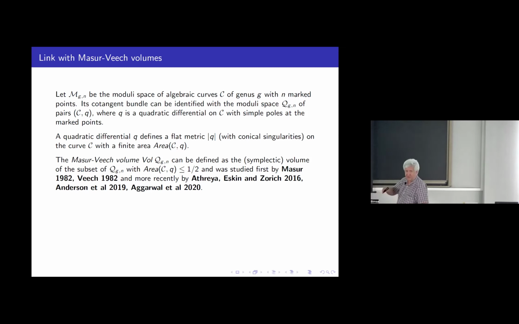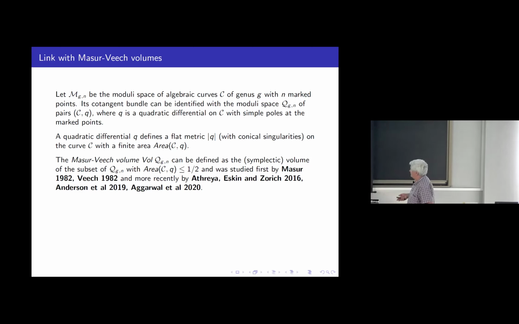And you do the following: you take the part of the cotangent bundle which is the subset where the area is less than 1/2. 1/2 is cleverly chosen, and I don't know who was the first. The story is before the people I mentioned, but Kontsevich and Mirzakhani participated in this calculation because it's related to Teichmuller space.